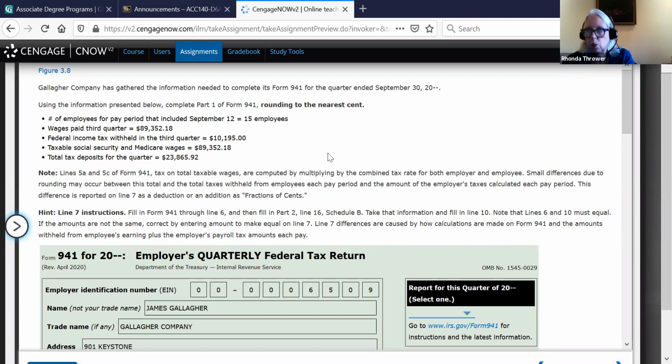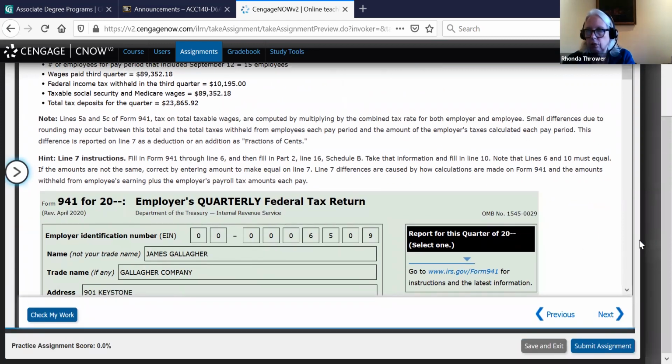There are 5 parts to this form. We're just going to do the first part. And we're going to fill in from lines 1 to 6 the information that they've given us here. And then on line 7, we're going to have to determine what the fraction of cents is, or what the rounding errors were for this company.